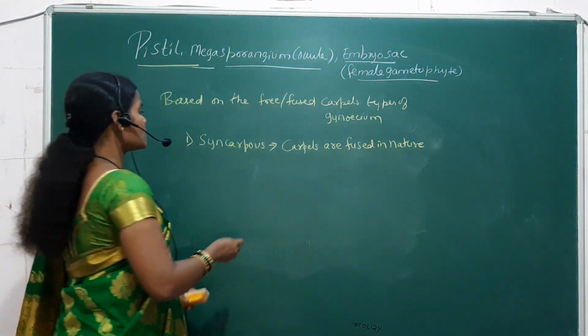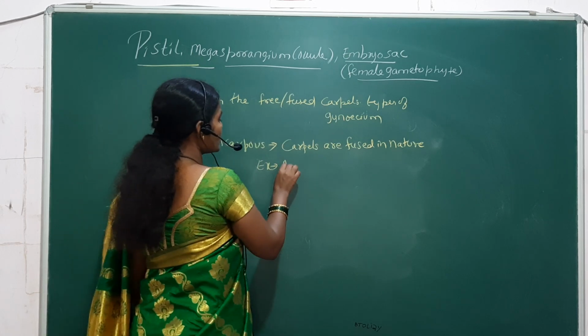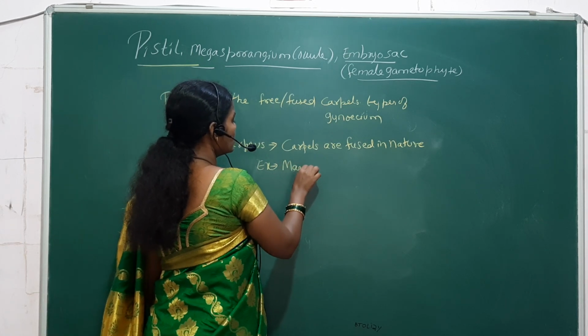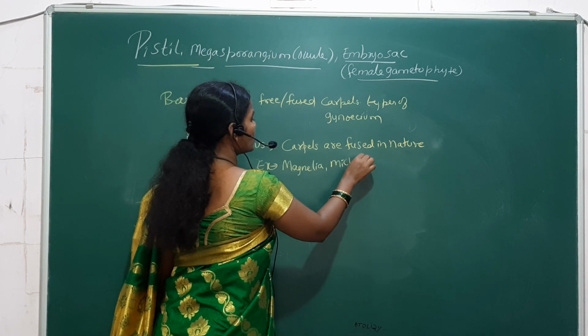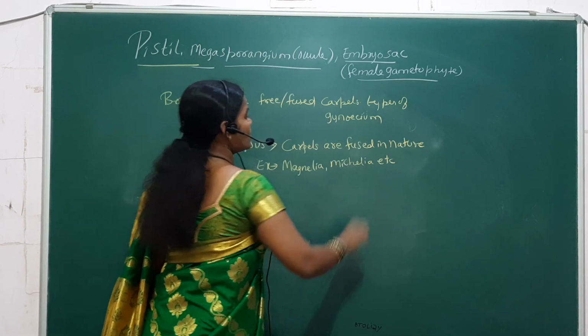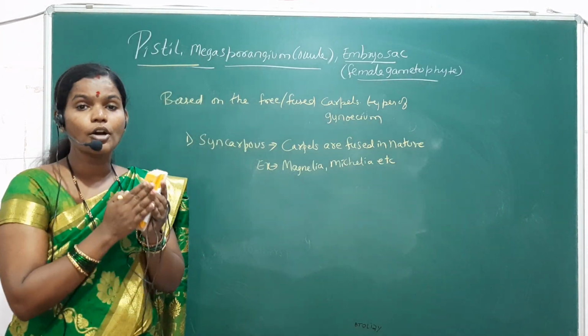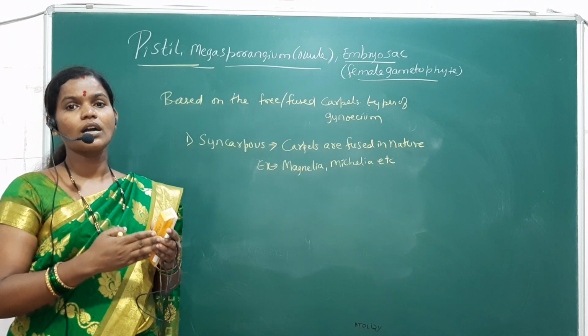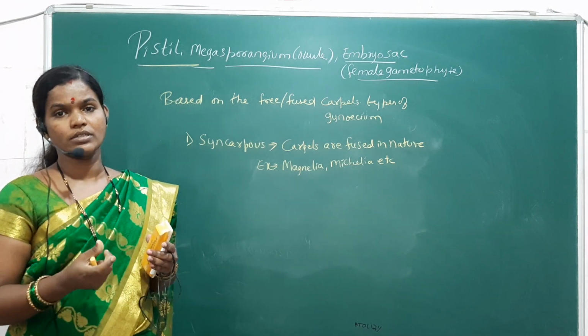Now, examples of this syncarpous condition are Magnolia, Michelia, etc. That means carpels are fused in nature, they are combined together. That is called fusion.